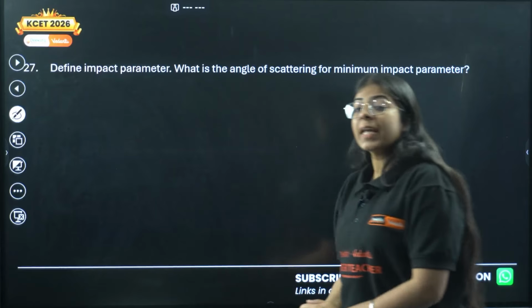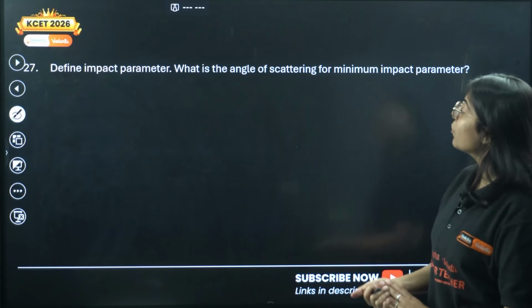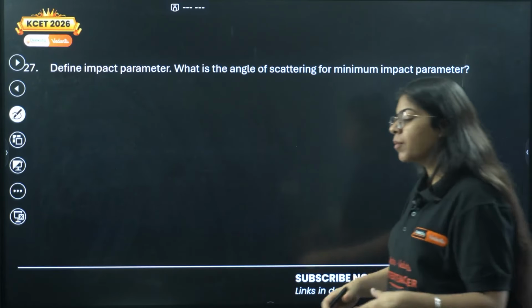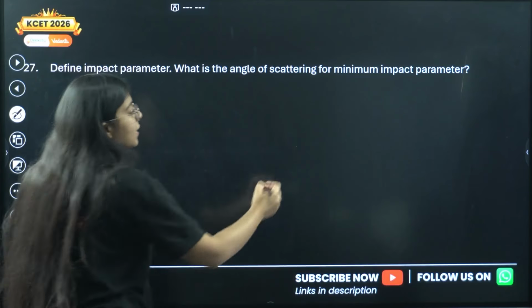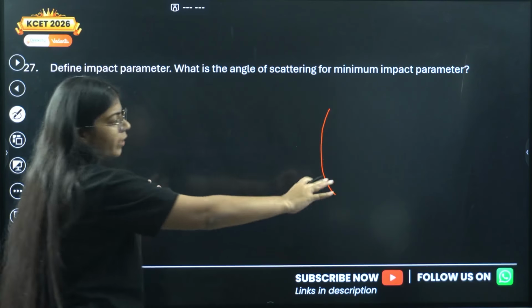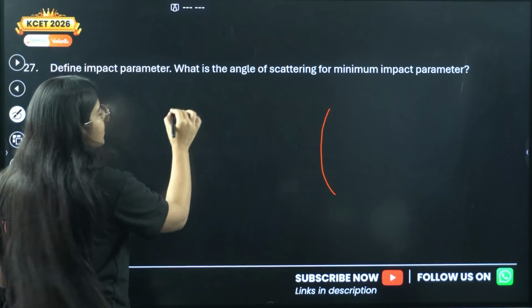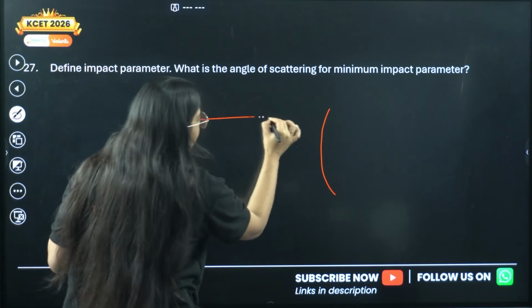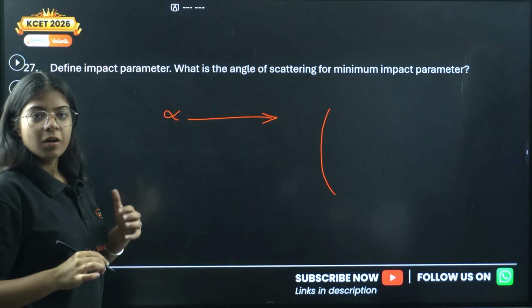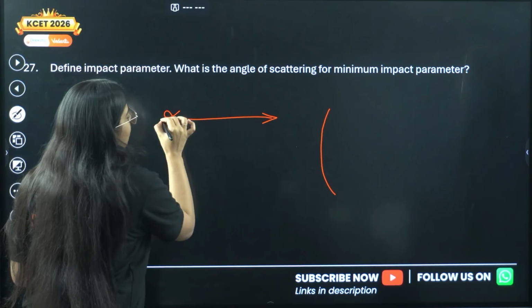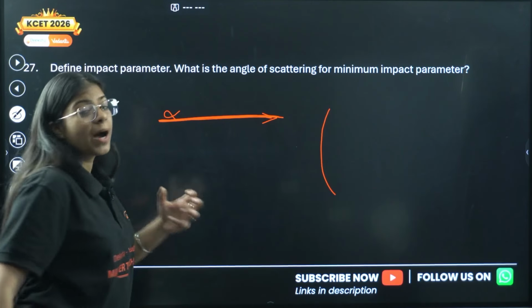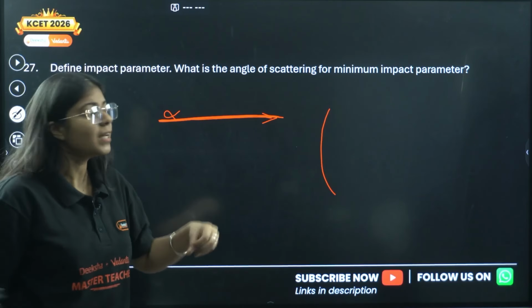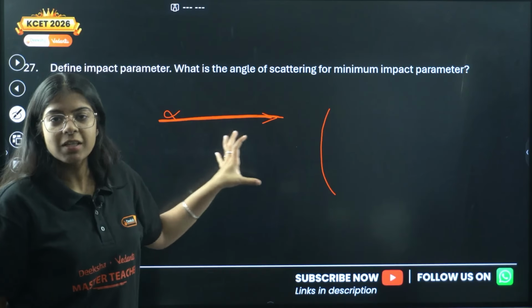26th: define impact parameter. And what is the angle of scattering for minimum impact parameter? What is impact parameter? Say this is my gold foil nucleus, and this is my alpha particle which we are throwing towards the nucleus. The line on which this alpha particle is traveling we depict with this line.